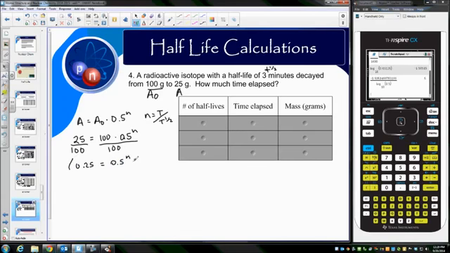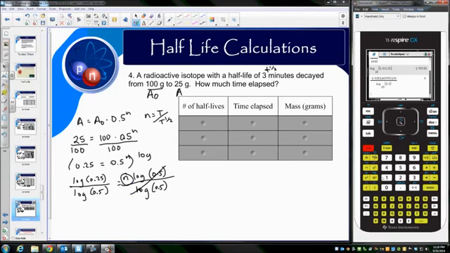We take the log of the whole thing to bring that unknown out of the exponent, and it gives us log of 0.25 divided by the log of 0.5 is equal to n times the log of 0.5 over log of 0.5. That cancels, leaves us just with n.